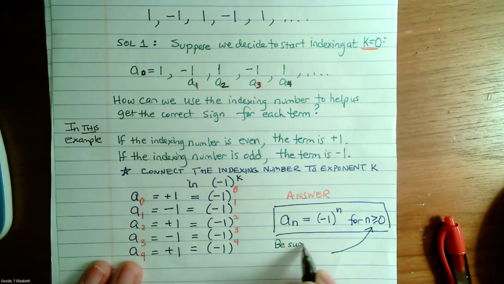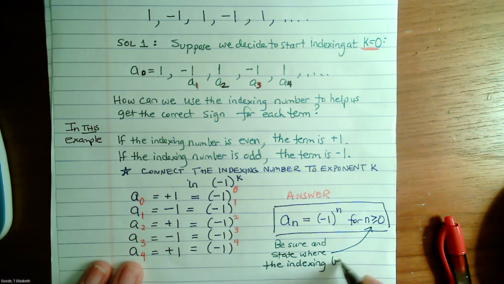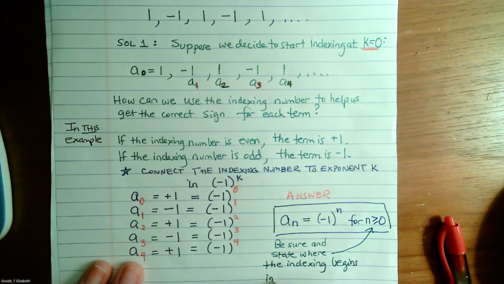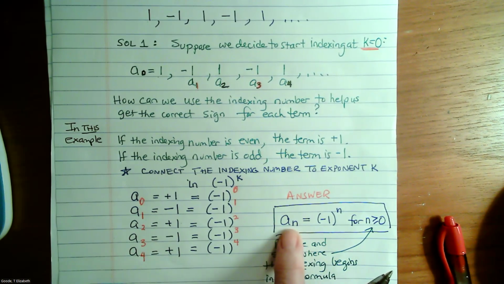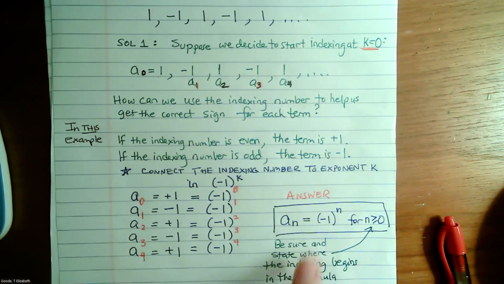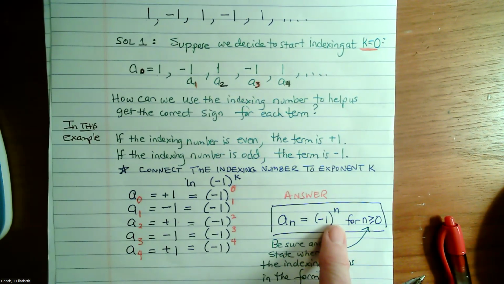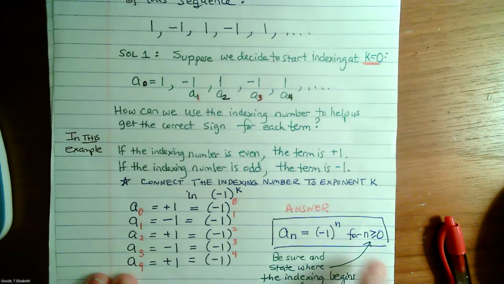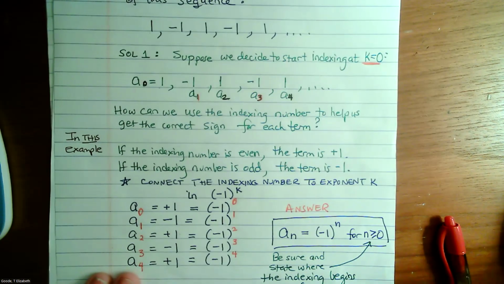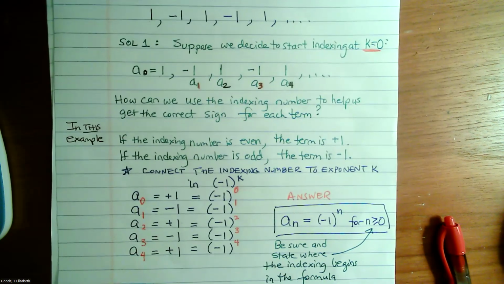So be sure and state where the indexing begins in the formula. Otherwise, if you just say a sub n equals negative 1 to the n, it might not be this sequence, you see. You have to tell the reader where that indexing starts.